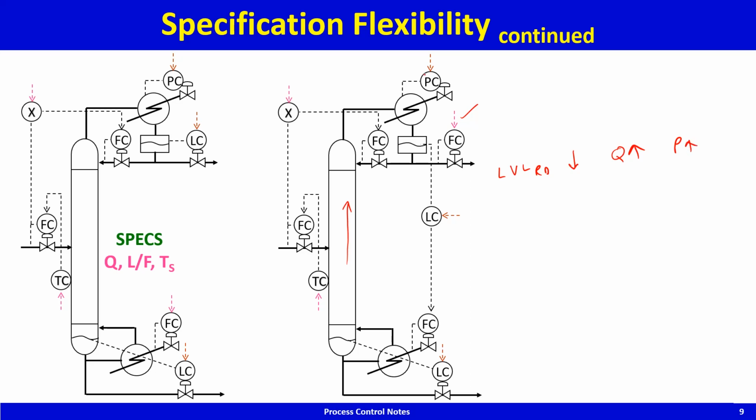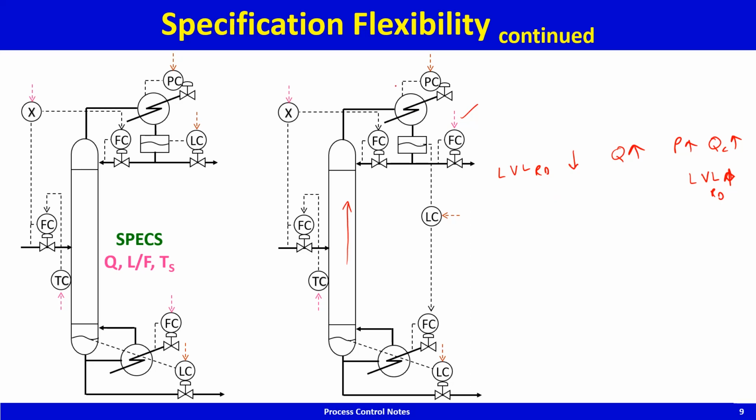And because the pressure is increasing, the pressure controller says you got to condense more to bring the pressure back to set point, and that causes QC to increase. As Q condenser increases, the liquid going into the reflux drum increases, and therefore the level gets back to set point. So the decreasing level is compensated by the level going back up. This is the cause and effect, the way it works.